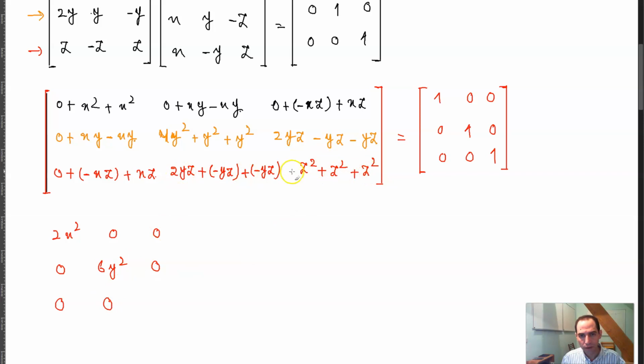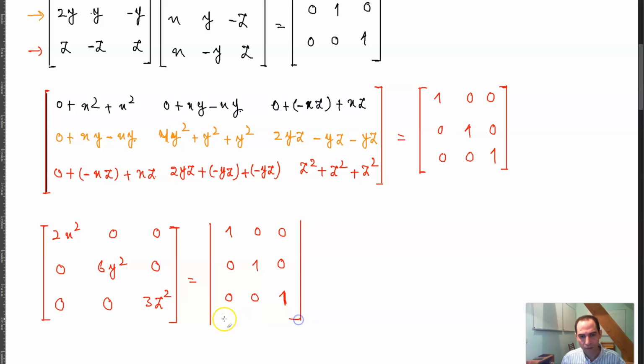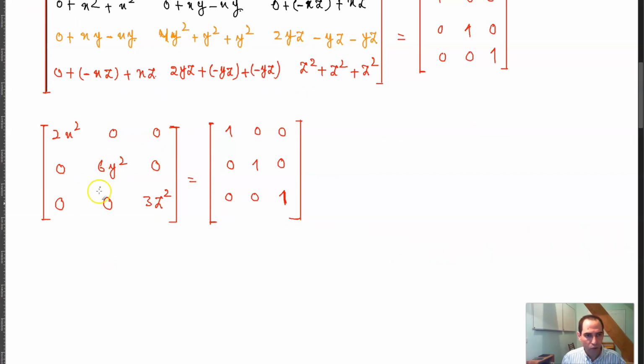And that is 3 times z squared, which is equal to the identity matrix, 1 0 0, 0 1 0, 0 0 1. Which means that 2x squared is equal to 1, 6 times y squared is equal to 1, and 3 times z squared is equal to 1.